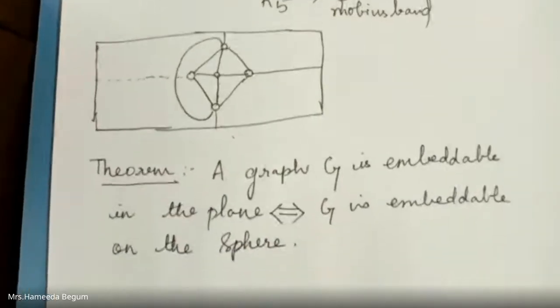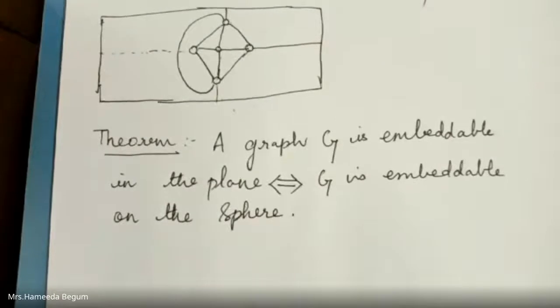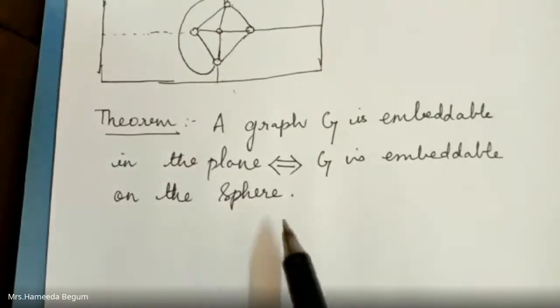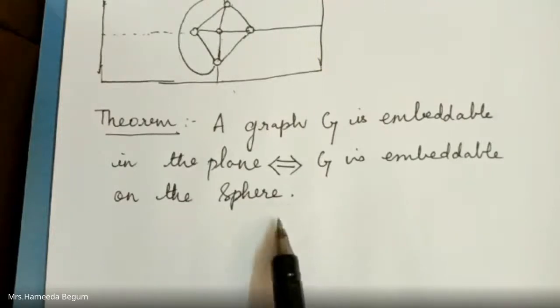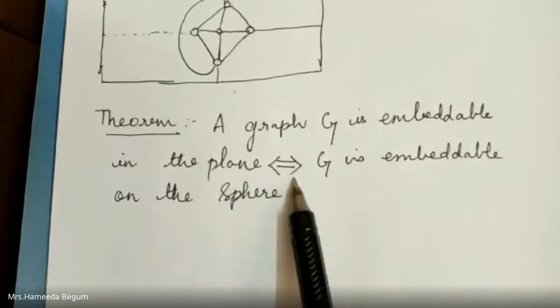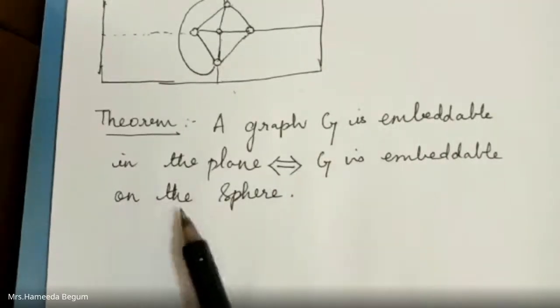So when it is the sphere, we will be having stereographic projection, which you would have already learned in your complex analysis. Now a graph G is embeddable in the plane if and only if the graph G is embeddable on the sphere.